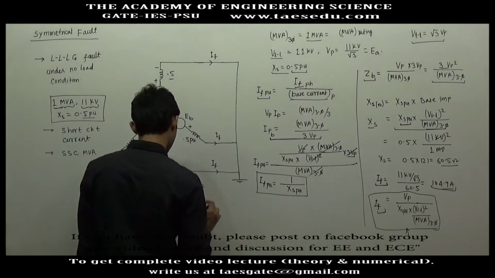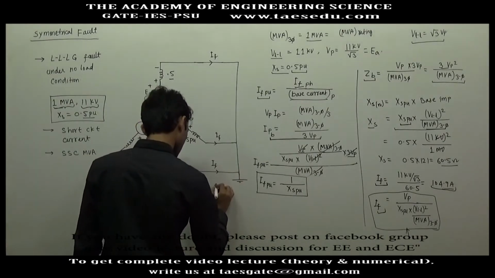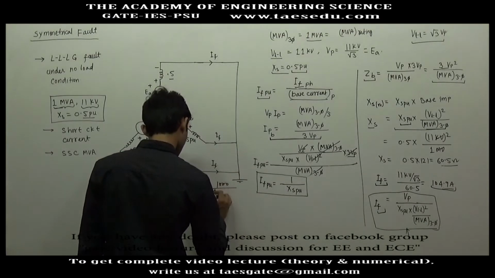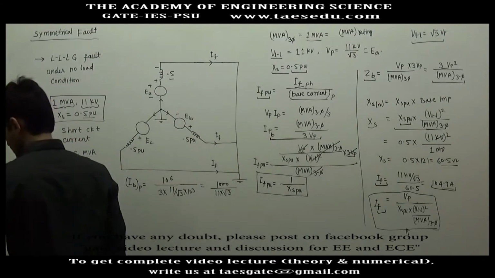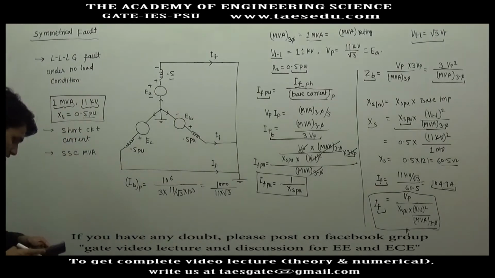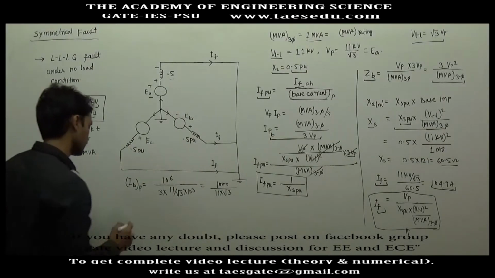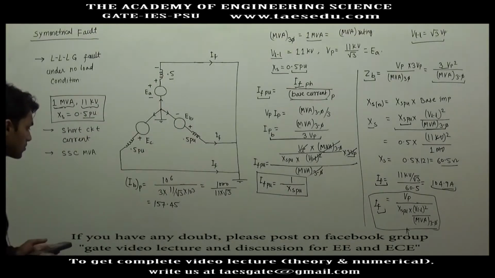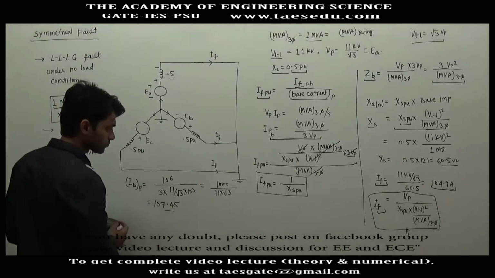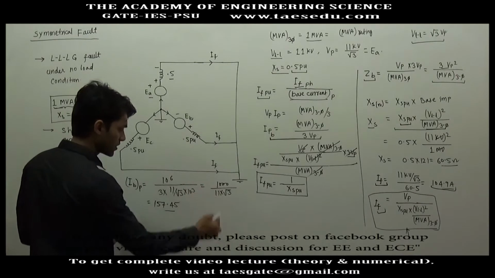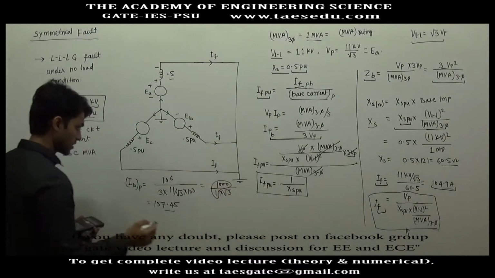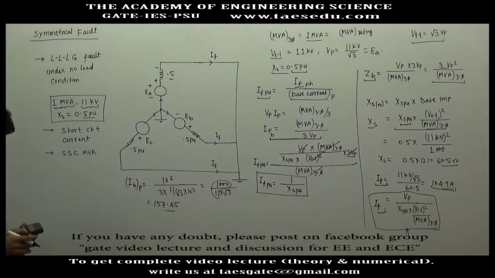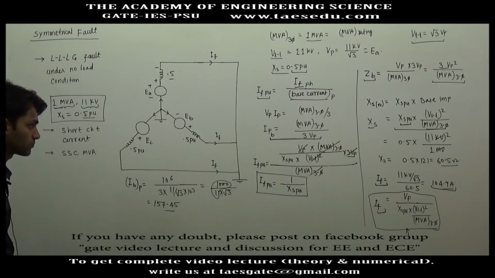So you will have 1000 divided by 11 into root 3, 157.45. This is incorrect. 1000 divided by 11 itself will give you a quantity less than 100. You cannot get more than 100. This is 52.48.